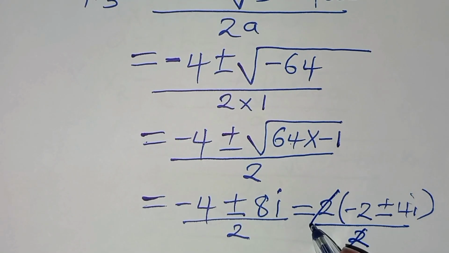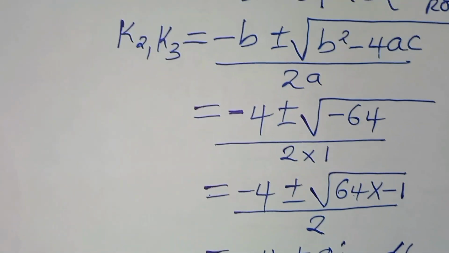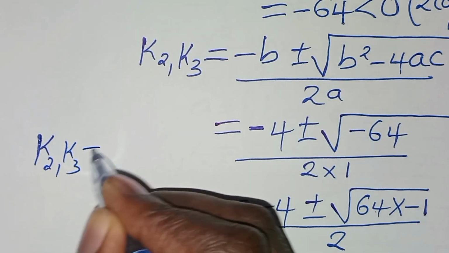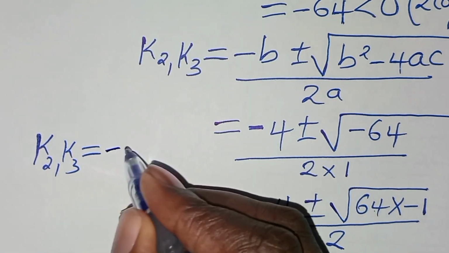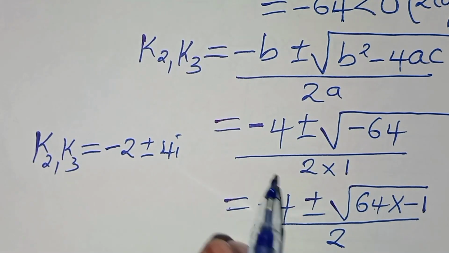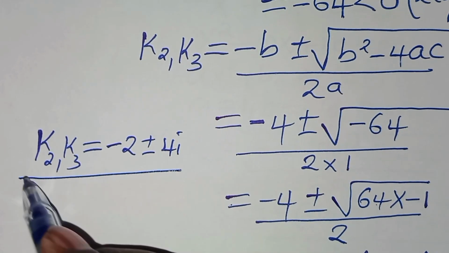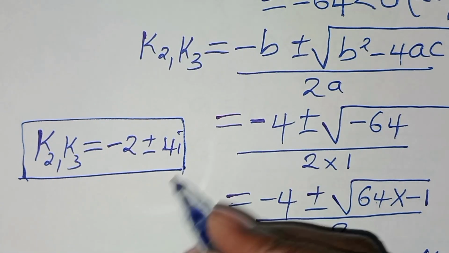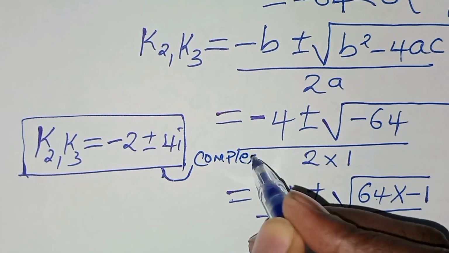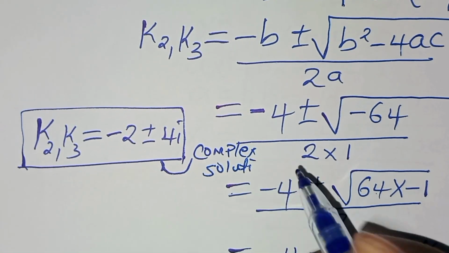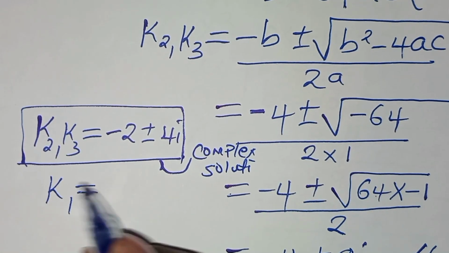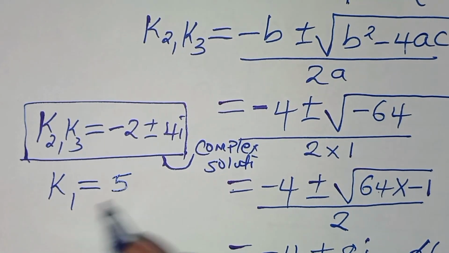So let's simplify here, and that implies that k2, k3 is equal to minus 2 plus or minus 4i. So these are the two complex solutions we have. And then we have only one real solution, which is k1, equal to 5.